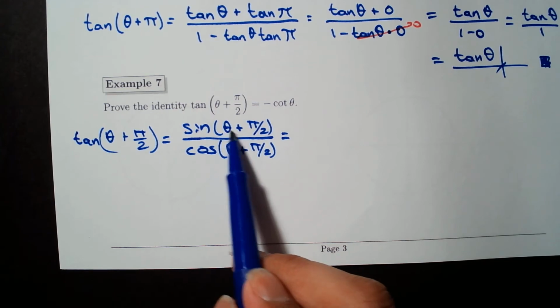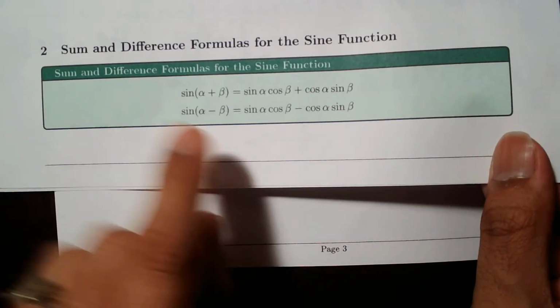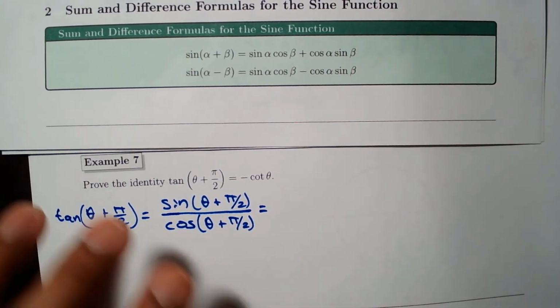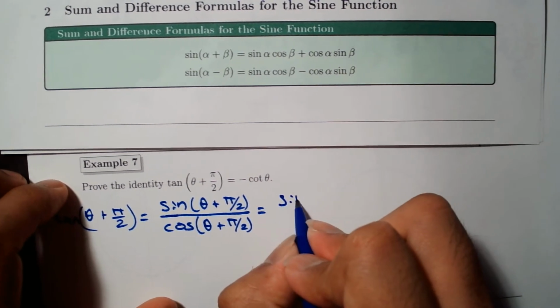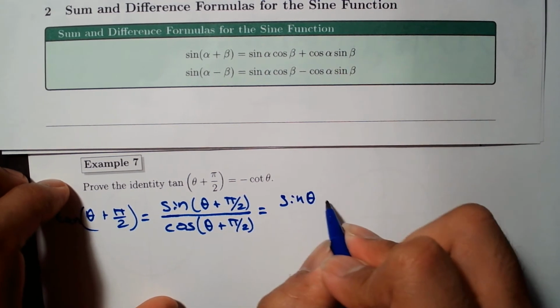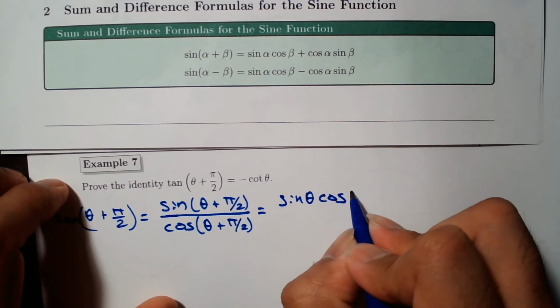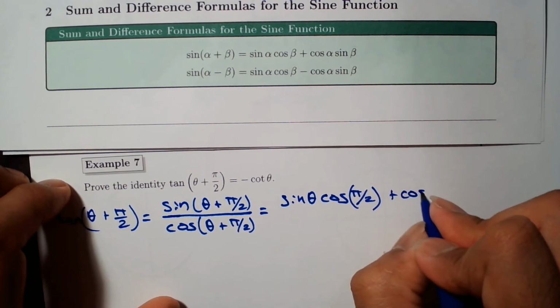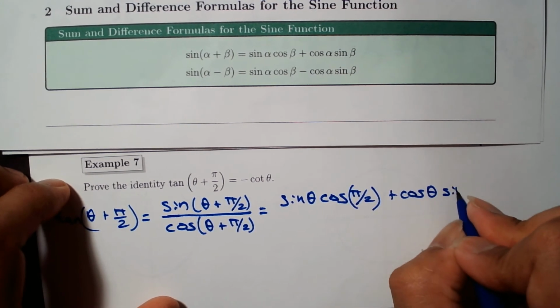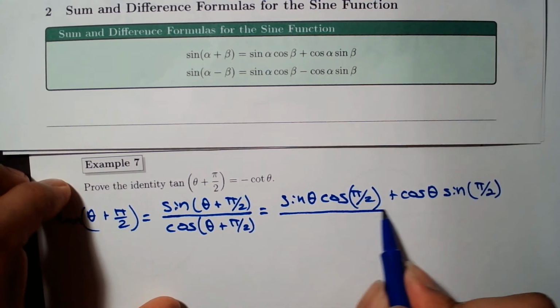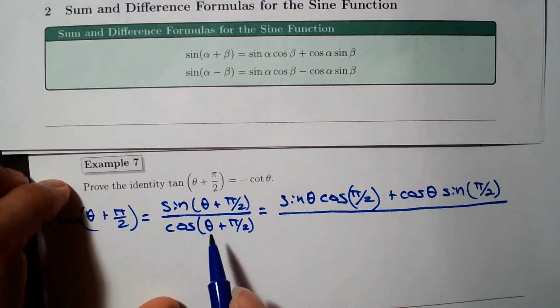Okay, so sine of the sum, let me put it over here. That's sine theta cosine pi over 2 plus cosine theta sine pi over 2. The whole thing divided by cosine of the sum.